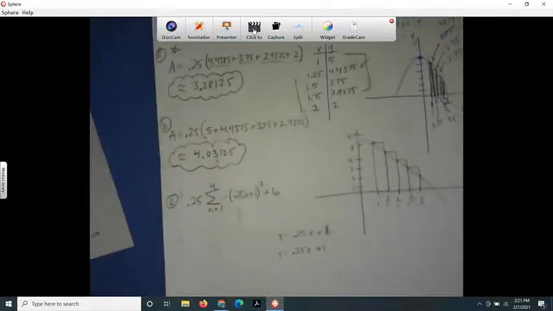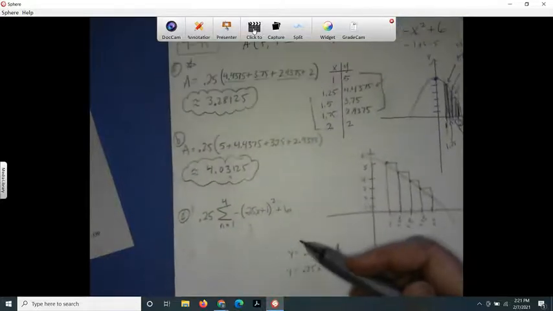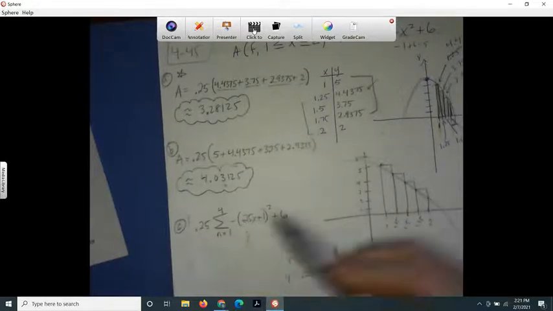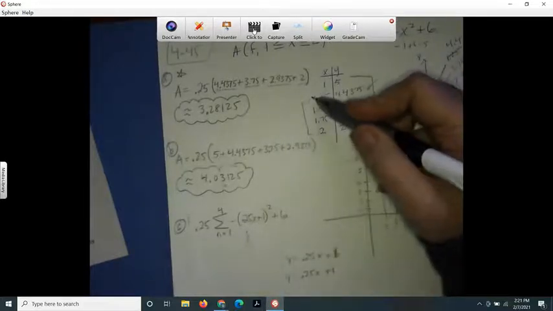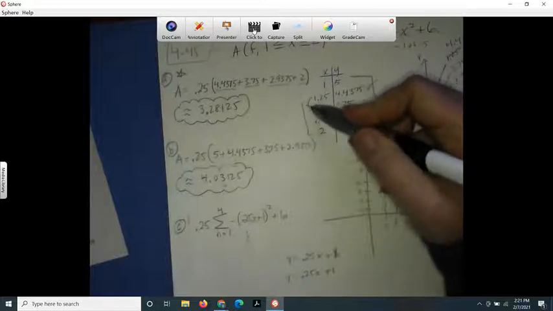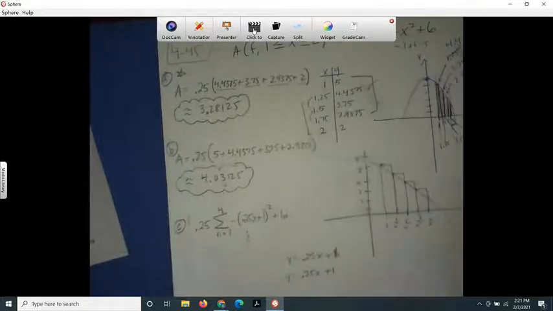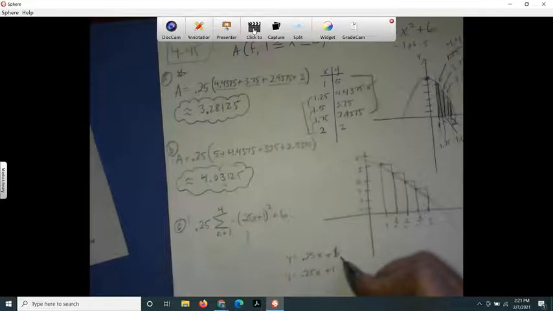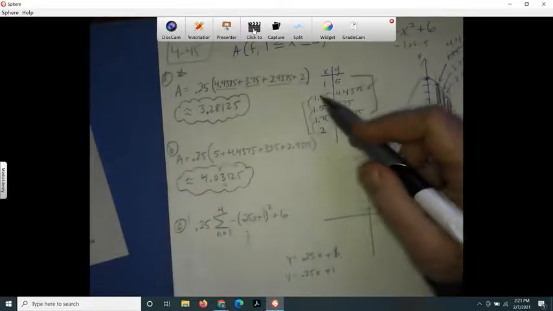I want this thing to go up by 0.25 each time: plus 0.25, plus 0.25, plus 0.25. That means my slope's going to be 0.25. So I've got y equals 0.25x plus b, but I want the first term to be 1.25.